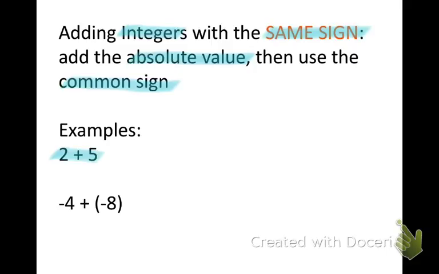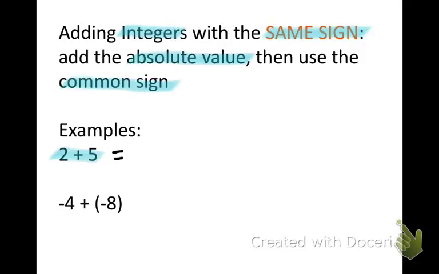All right, now that you have this written down, I see that this is a positive 2, because mathematicians are lazy. We don't always write the positive sign in front of a number. If it doesn't have a sign, it is always positive. Then we're adding positive 5. Again, there's not a sign written, but it is a positive 5. If I wrote it out the way it should look, that's a lot to write. We don't want to write all of that, so mathematicians just do what is over there.